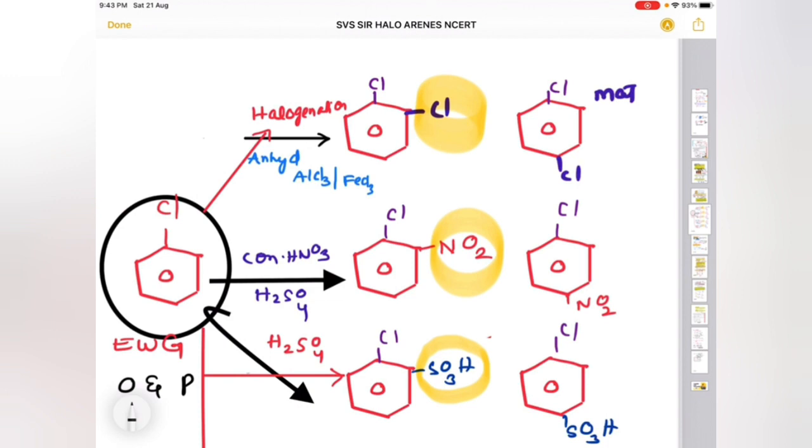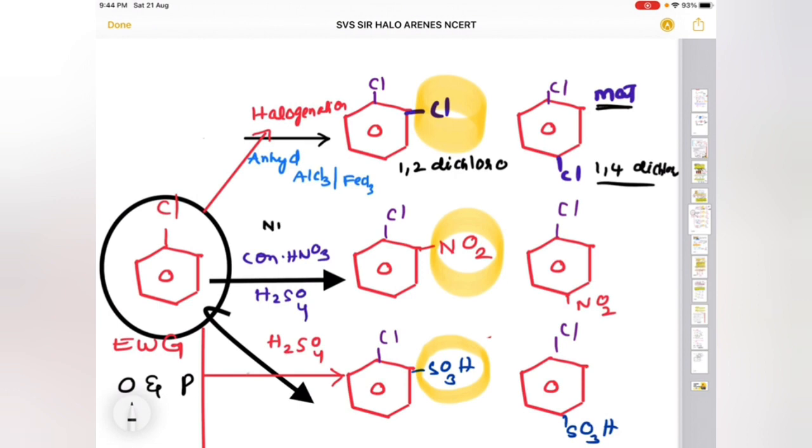Very important. Para will be major. IUPAC names: 1,2-dichlorobenzene, and second one will be 1,4-dichlorobenzene. So always remember 1,4-dichlorobenzene will be the major product.